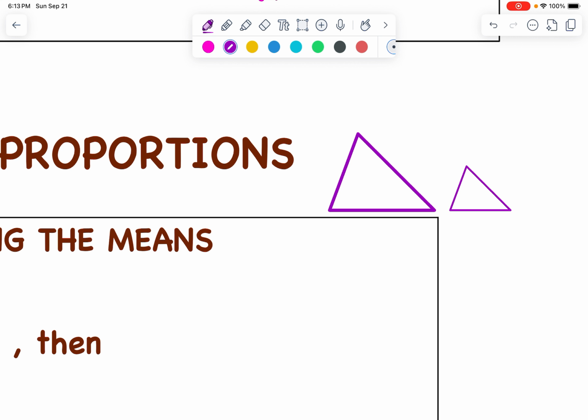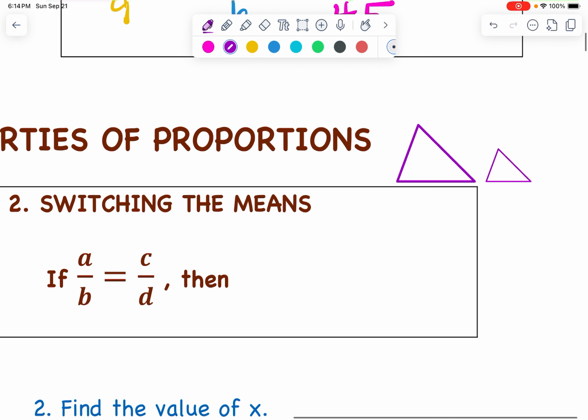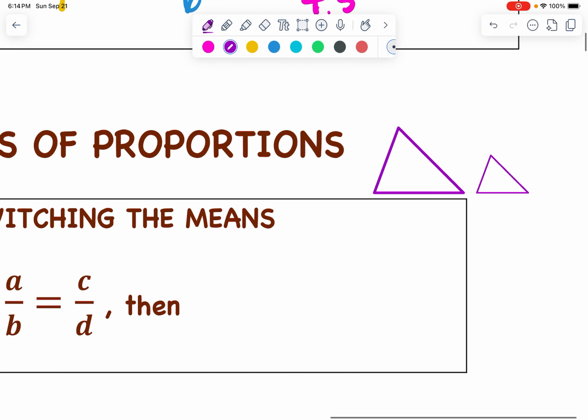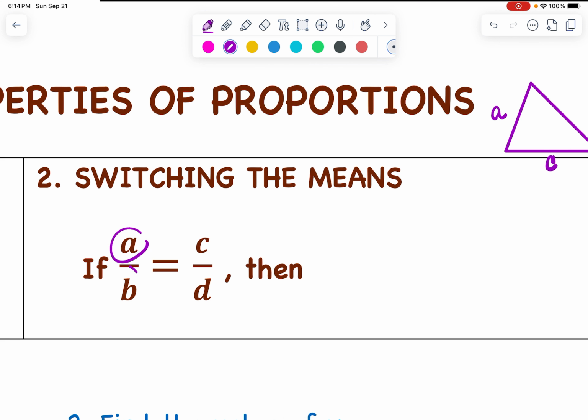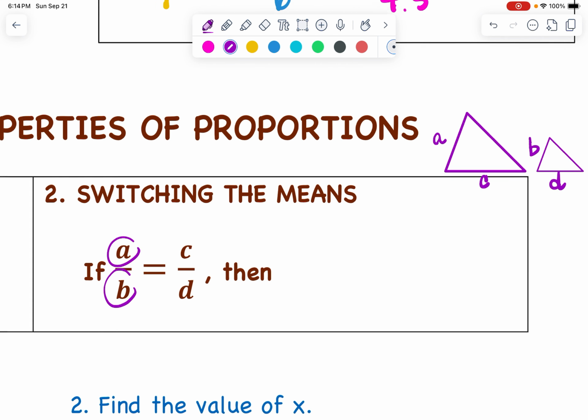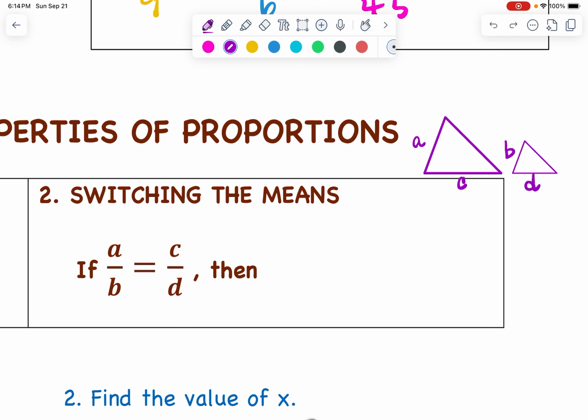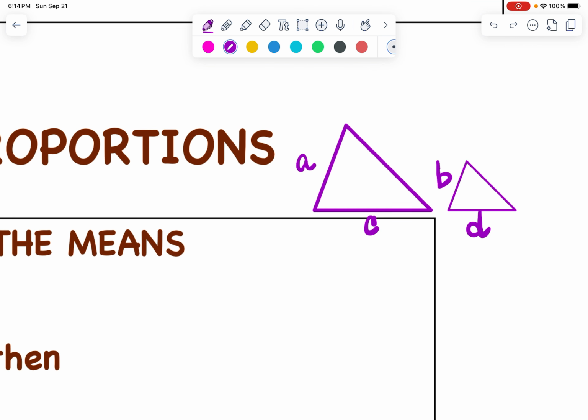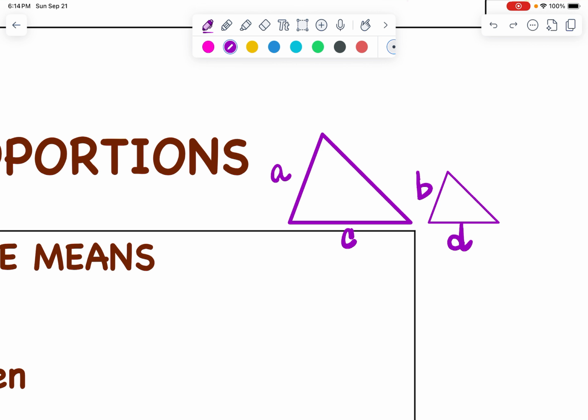Okay, so let's say I have, sorry. So I'm going to name my corresponding sides. I'm going to do like A is to B as C is to D, because that's kind of what this is saying. Right? This is saying that A on one triangle is compared to B on the other, right? And then C to D. Now, it doesn't have to be this way though, okay?